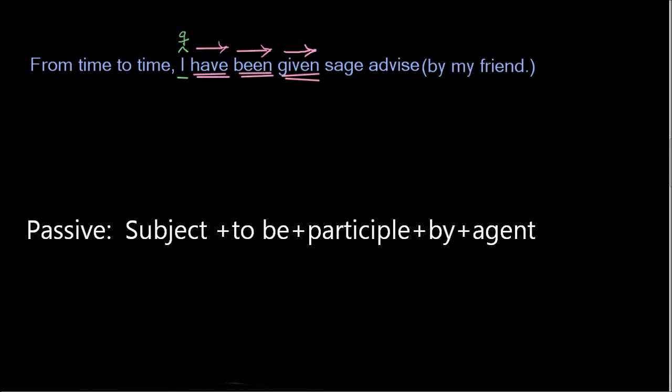From time to time, I have been given sage advice by someone, by my friend. And if you can do that, then you are probably in the passive voice. So my friend is understood as being the agent in this case, and the agent is, again, acting on the subject.